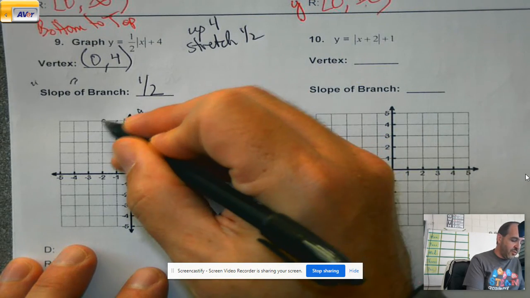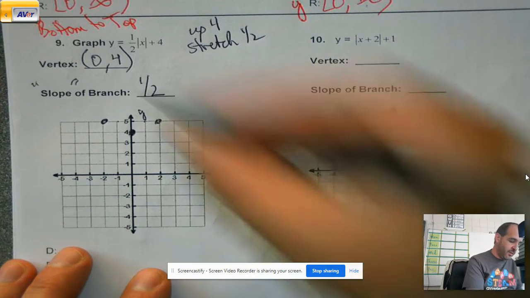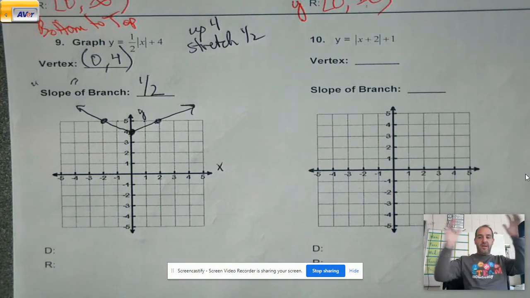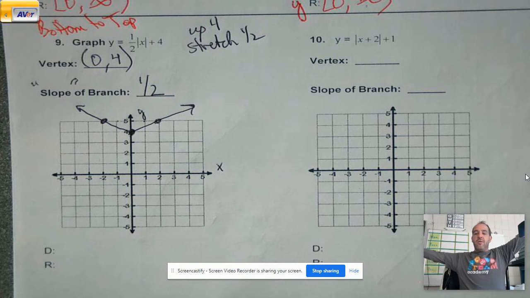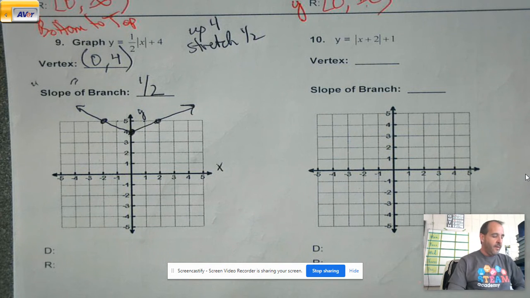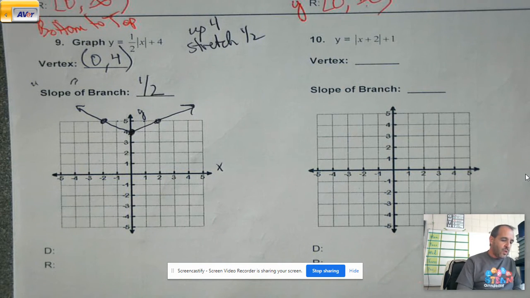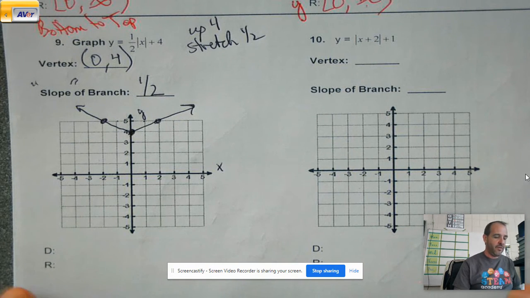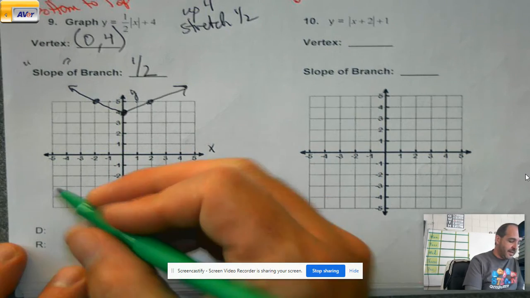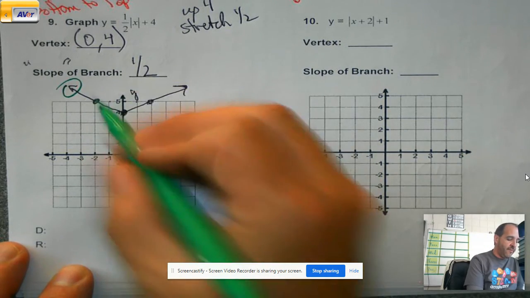Up 1 and over 2. And unfortunately, I ran out of room on this one, so that's all I'm going to have to work with. But what it does is it stretches out, it expands. The smaller the number, the more it expands. The bigger the number, the more it shrinks. Okay? So what do we do here now? What's that mean for me as far as domain and range go? Domain, we already talked about this. It doesn't matter. Forever left, forever right.